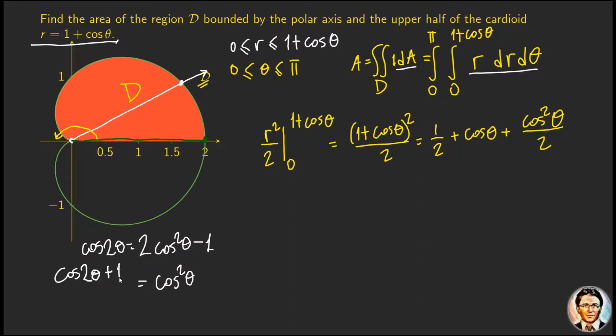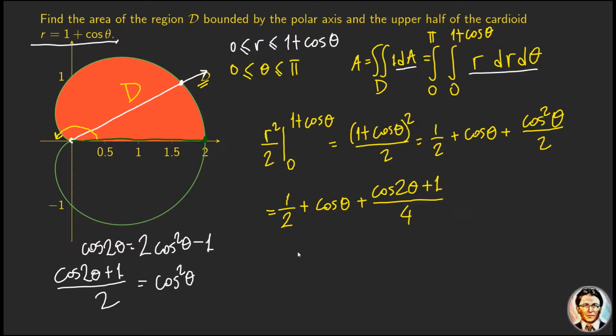If we replace cosine squared theta with this expression, then it will be something like this: cosine 2 theta plus 1 over 2, so it will be over 4.